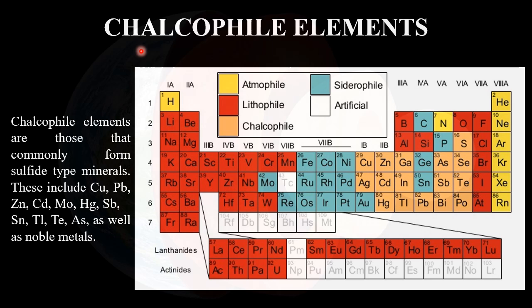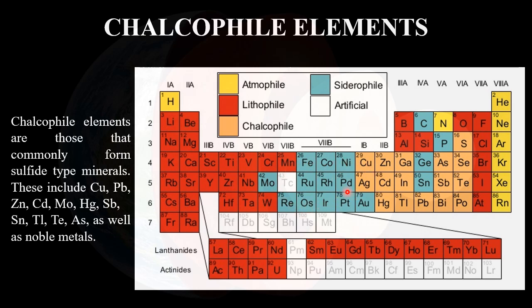There is another class of elements known as chalcophile elements, and the chalcophile elements are those that commonly form ore minerals, mainly sulfide minerals. These include copper, cadmium, molybdenum, mercury, tin, tellurium, arsenic, as well as some noble metals.